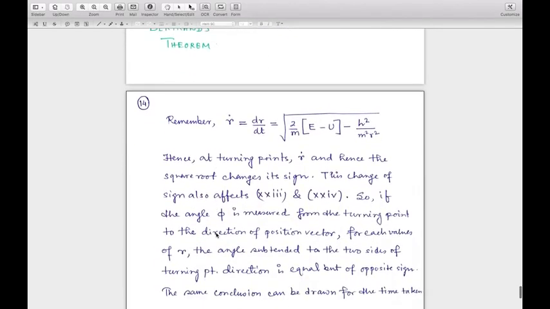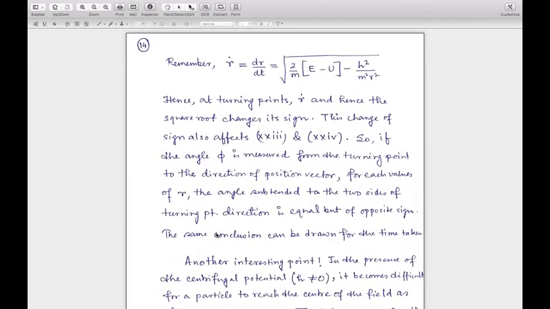Now, just 2 or 3 points to remember. First point, remember r dot is equal to dr dt, which was root over 2 by m e minus u minus h square by m square r square. Now, exactly at the turning point, r dot is 0. So just after the turning point, it should change its sign. Before and after the turning point, the signs are different.